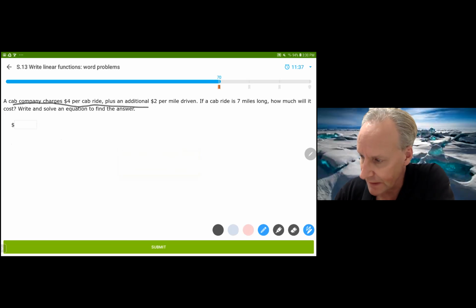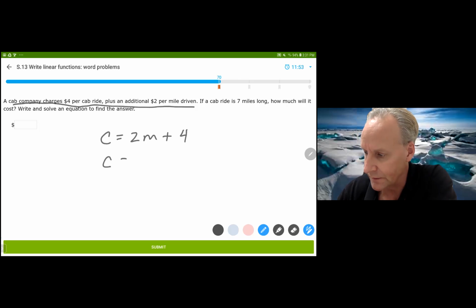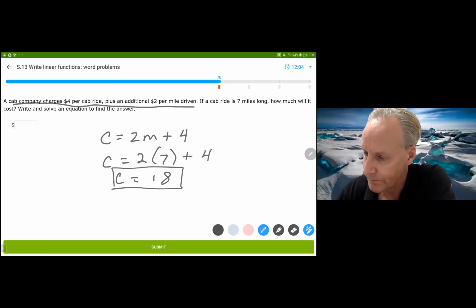You're supposed to say that the cost is $2 for each mile driven plus the $4 for the original cab ride. Now it says that it's 7 miles long. So C is equal to 2 times 7 plus the original 4, which is 18. This is the cost of the cab ride.